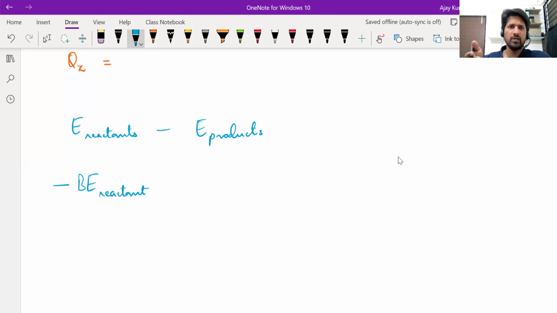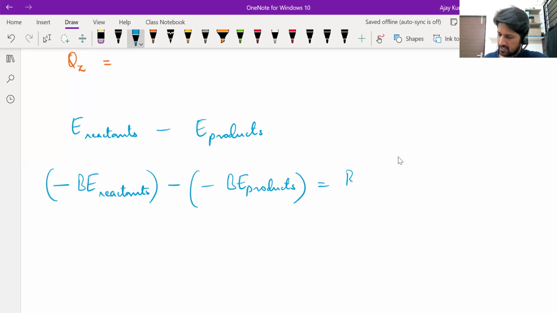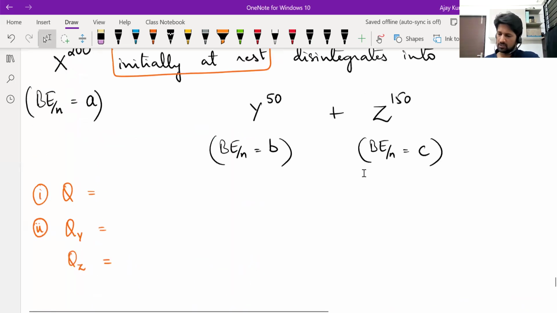Binding energy is the energy you need to supply; what it already has is the negative of it. So negative of binding energy of reactant minus negative of total binding energy of the products. And this can simply be remembered as binding energy of products minus binding energy of reactants. That's all.